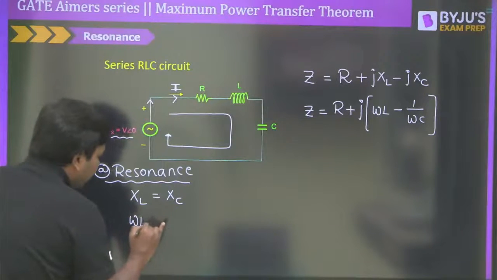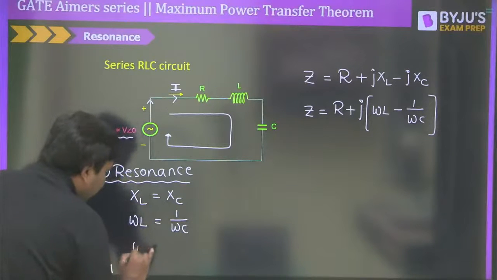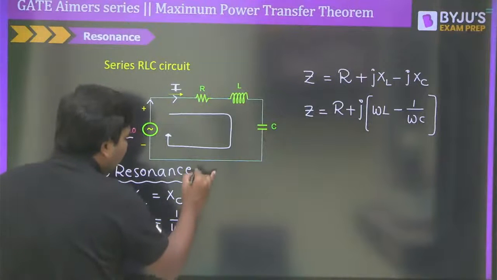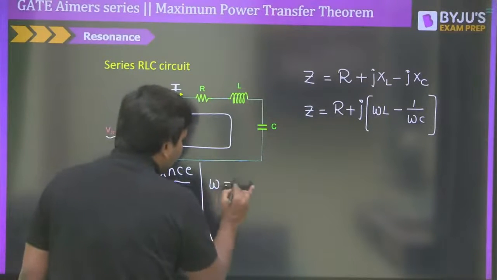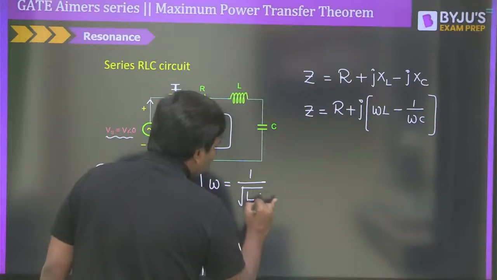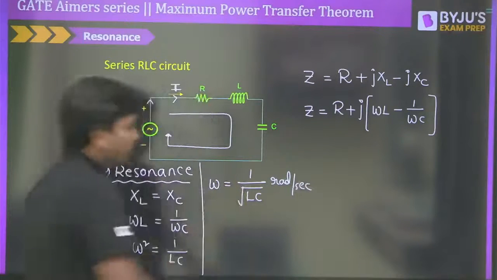Therefore I can say omega L is equal to 1 divided by omega C, and from this we can say that omega square is equal to 1 by LC, and from this again we can rewrite that omega is equal to, of course plus or minus will be there, but I am not worried about minus here, 1 divided by root of LC, radians per second, and this is called the resonant frequency.